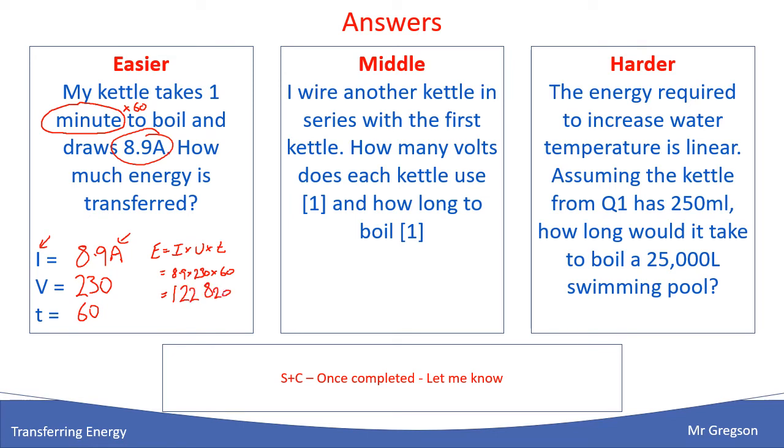Now of course I'll be looking to put a prefix in here, so divide it by 1,000, this is going to be in joules, but I want to make it into kilojoules, so that would be 122.82 kilojoules. Okay, or if I was doing it in standard form, because it's good practice, you wouldn't normally do this, but if you were asked to, we would then just do 1.23 times 10 to the 5.